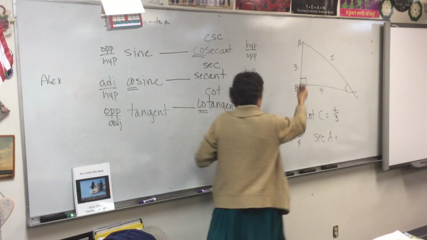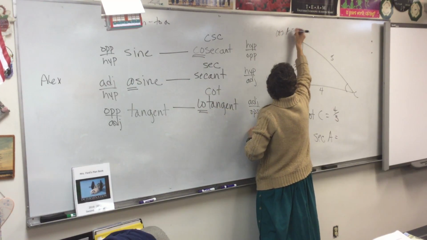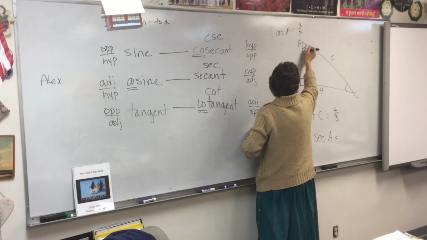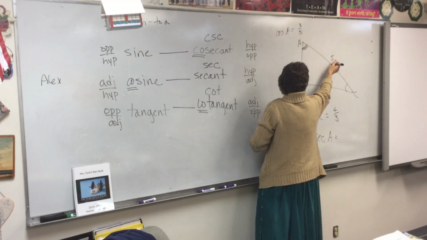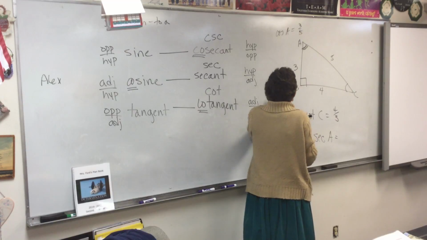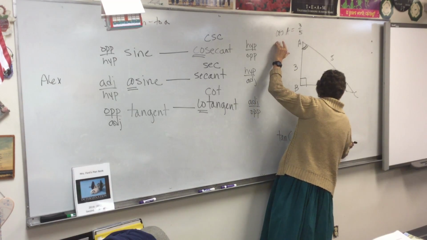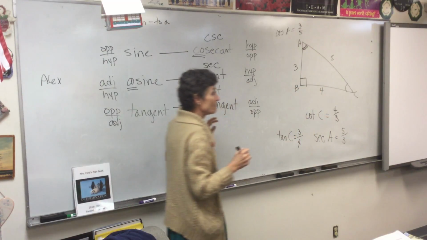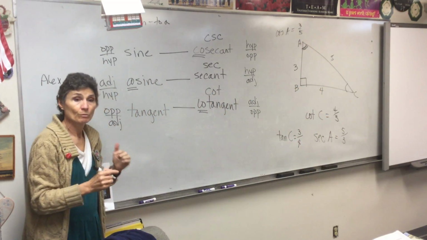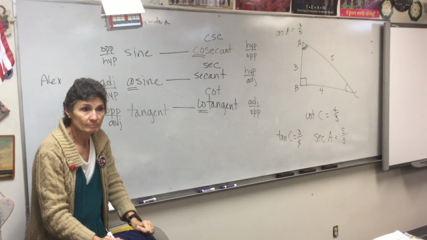Adjacent over hypotenuse. Good. So the cosine of A is 3/5. Here's A. Adjacent over hypotenuse, 3/5. If the cosine is 3/5, then the secant is 5/3 because they are reciprocals of each other.